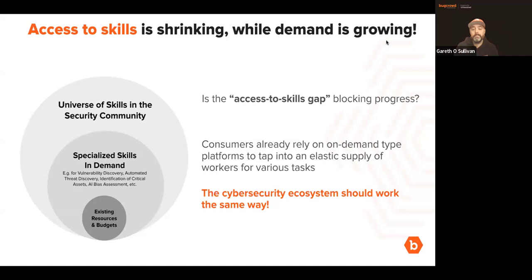Within that crowd, there's a huge range of specialized skills, and we can bring those skills to bear in different program types. It can work alongside existing resources and budgets, or replace things if that makes sense. We make it very easy for customers to get access to and consume those skills in different program environments and types. So very easy to work with.